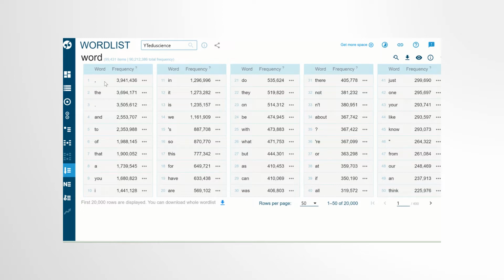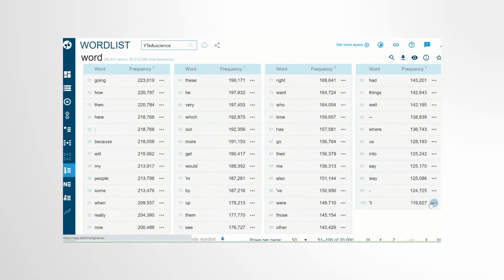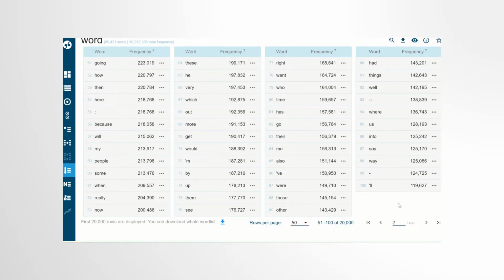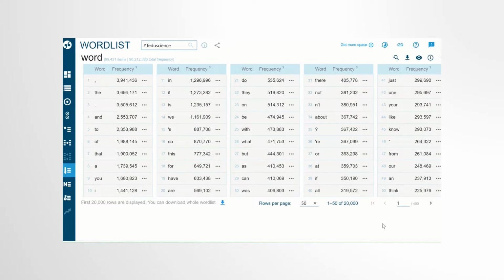A comma apparently is also counted here, which is even more frequent, and the full stop is also included in this count. And yes, we can see this is typical of a spoken corpus. Word forms like going, which occur, for instance, in the verb form I'm going to, and so on. So this is a typical word list.